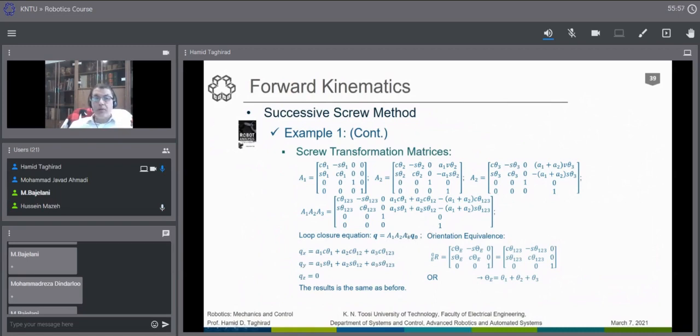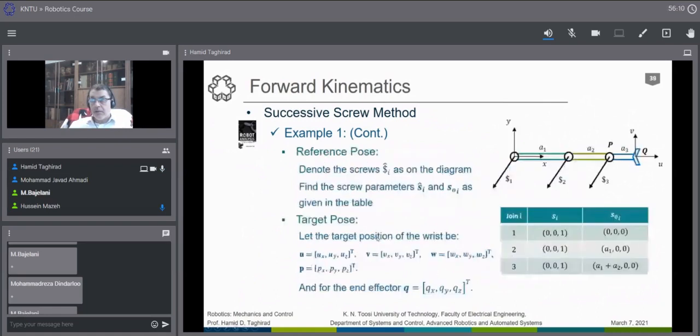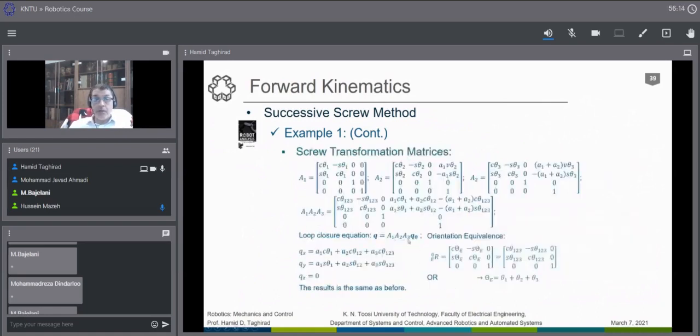I didn't get your question. Qx, Qy, Qz can be computed by multiplying A1, A2, A3 times Q0.